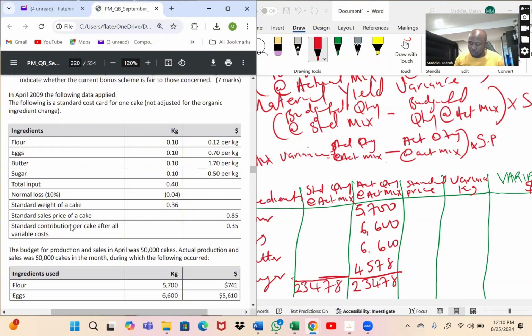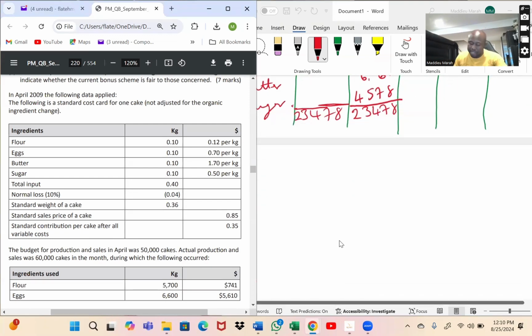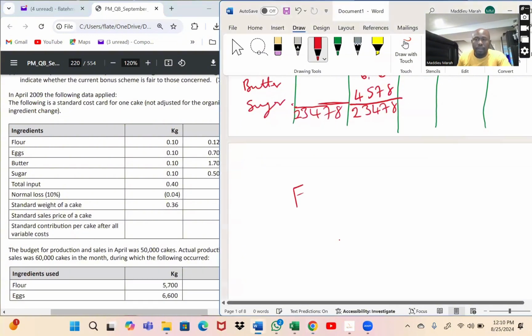Let me do the formula here. I will do this formula and we'll take it. The mix here says for flour, I need 0.10 kg of flour. And what's the total standard kg? Total standard kg is 0.40.